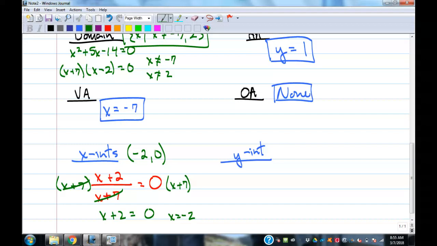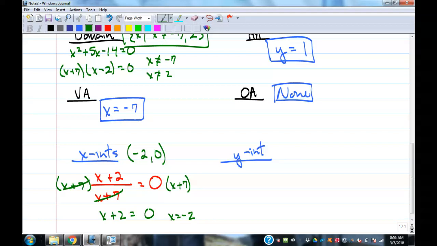Instead of setting the whole fraction equal to 0, what part do we end up working with? Just the numerator. The denominator doesn't even matter when it comes to x-intercepts. Okay, so you could just skip this whole step and just go, oh, the numerator is this, set it equal to 0 and solve. That'll save you 5 seconds out of your life. It really doesn't help much, but it helps a little.